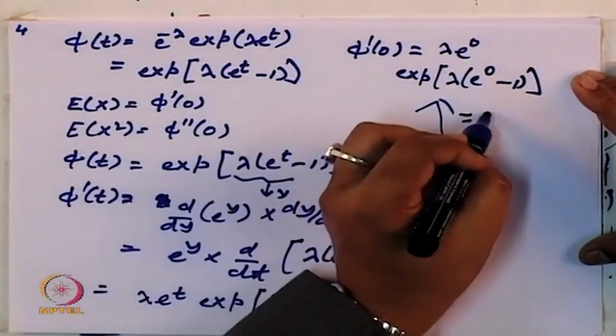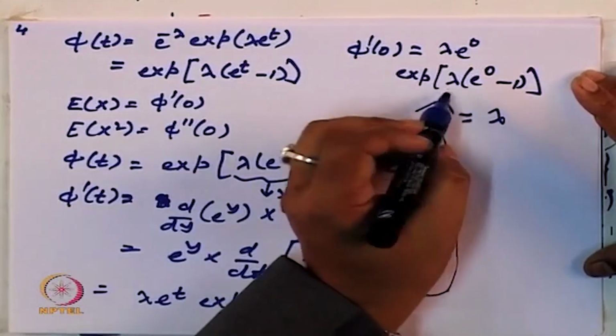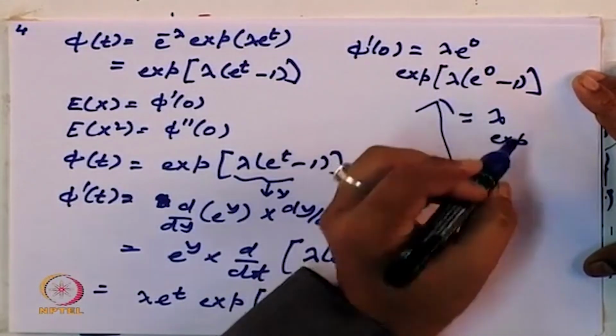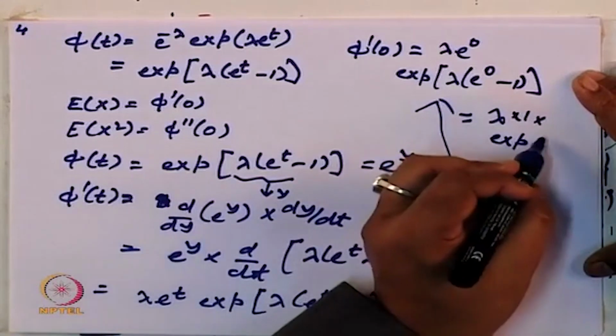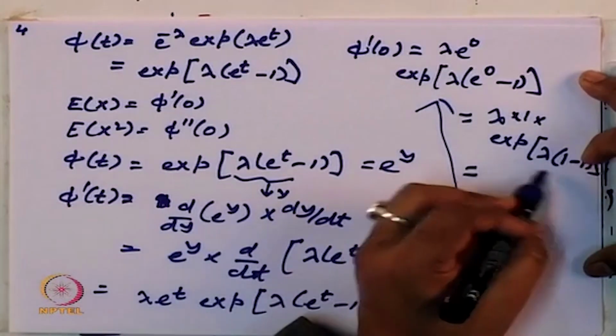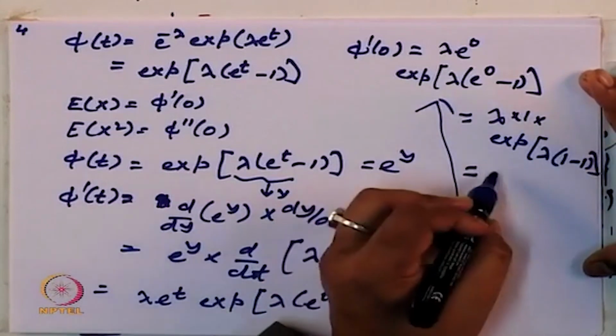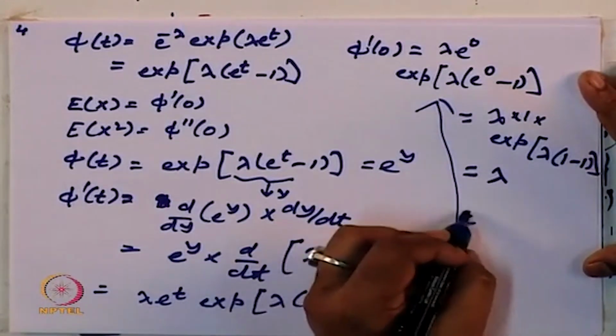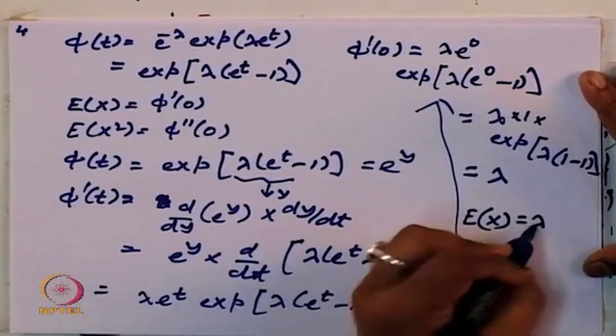So, lambda e to the power 0 is lambda into 1, and exponential lambda into 1 minus 1, which is e to the power 0, is 1. So, this gives me the value of lambda. So, I can write E of x is equal to lambda.